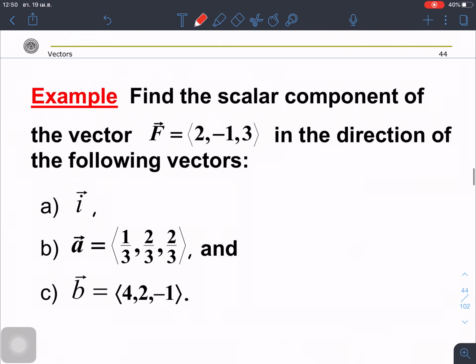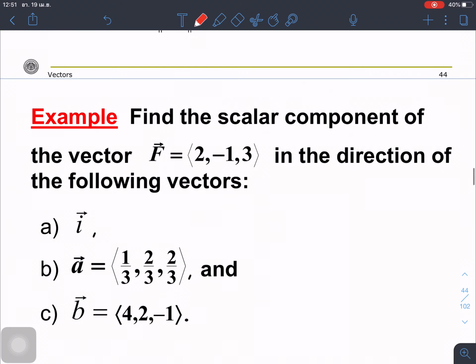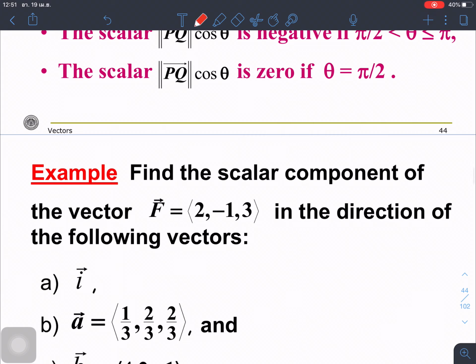Alright, let's take a look at this example together. You want to find the scalar component of vector F, (2, -1, 3), in the direction of these vectors. Well, you have two formulas, right? Remember, you have A dot B divided by the modulus of B, or magnitude of B, or the length of A times cosine theta.